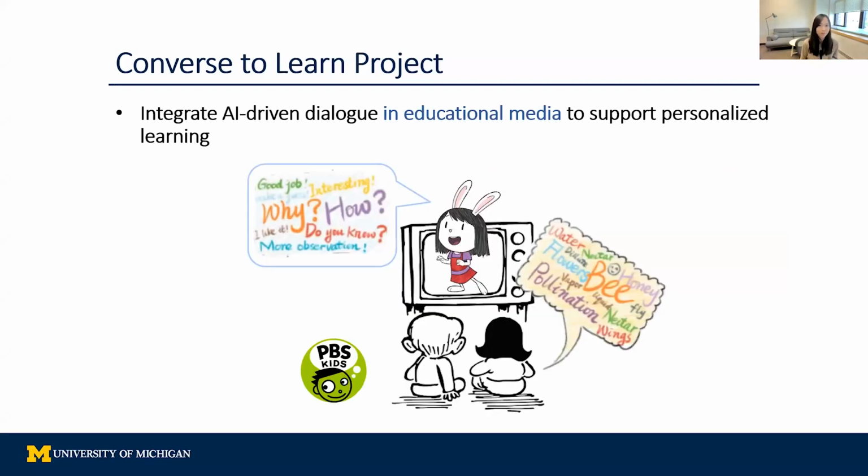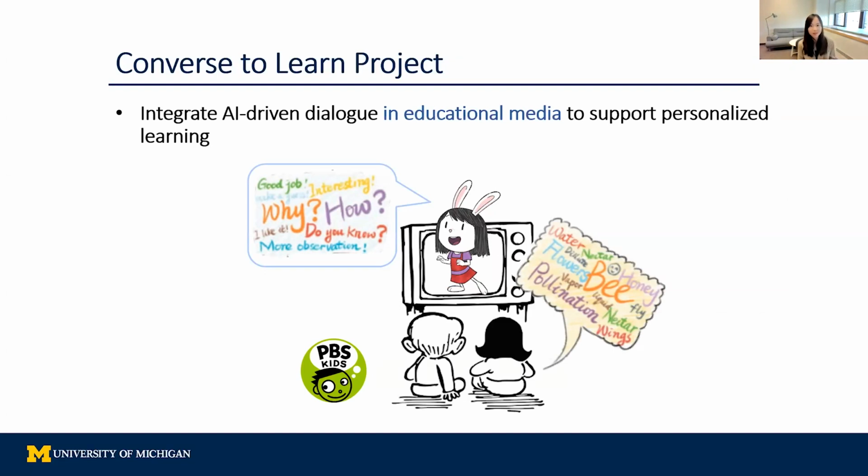Now I'm going to share one of our ongoing projects that we started several years ago. In this project, we partnered with PBS Kids to create conversational videos. These videos allow children to interact with characters from TV shows, including a preschool science program called Eleanor Wonders Why, featuring a bunny named Eleanor.